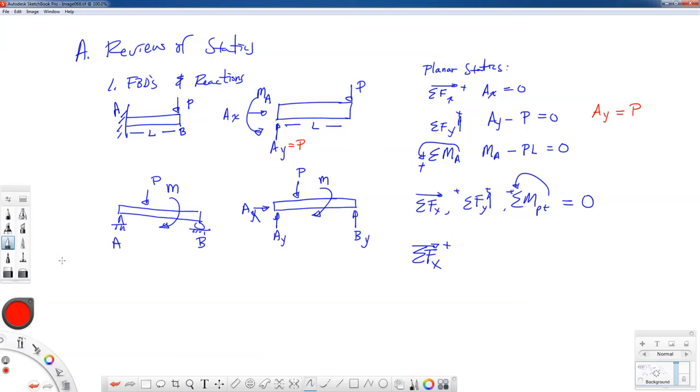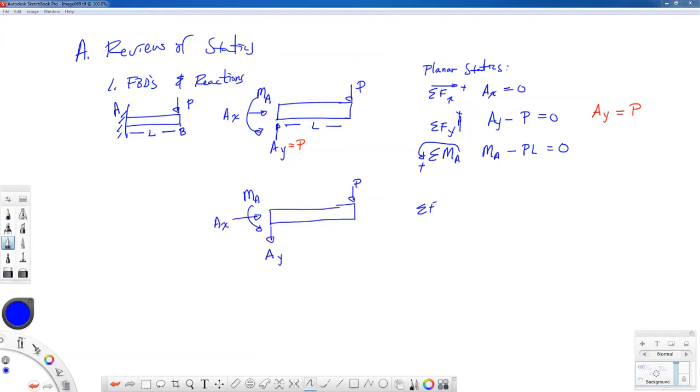Let me draw another free body diagram. Okay, so I've drawn a free body diagram of my same cantilevered beam, and I'll do the summation of forces in the y direction again.